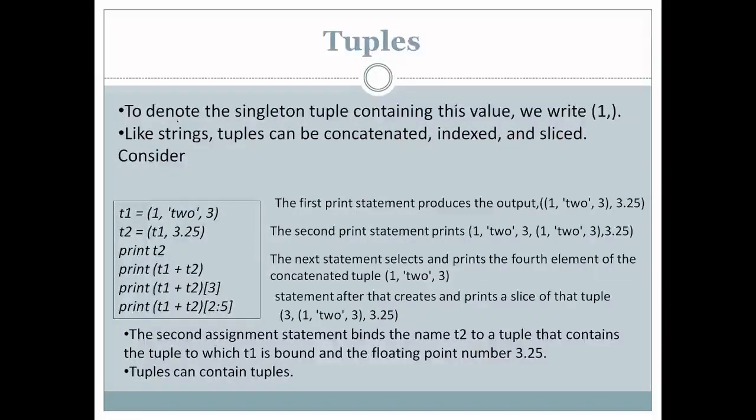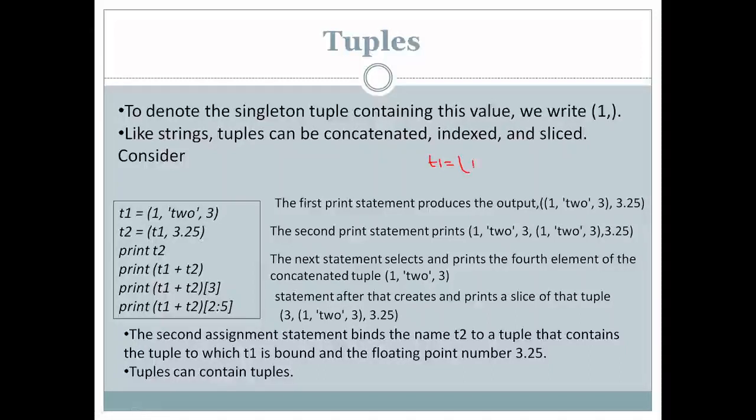In the last example, we saw how to create an empty tuple without values. Suppose I want to create a tuple with a single value. You may say we can create it like t1 is equal to, in round brackets, 1.